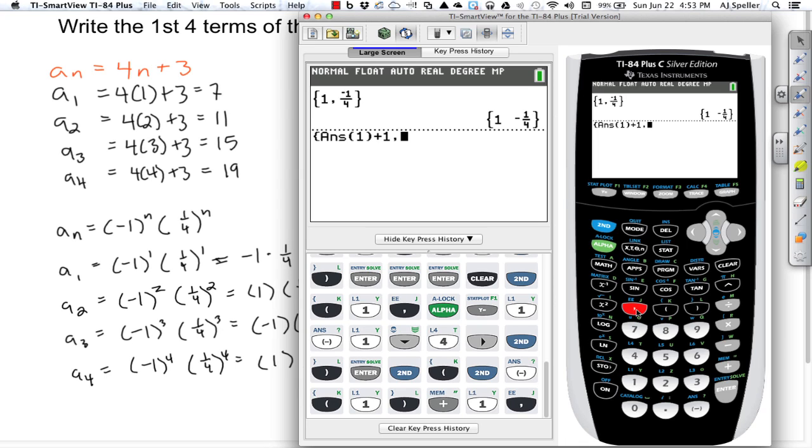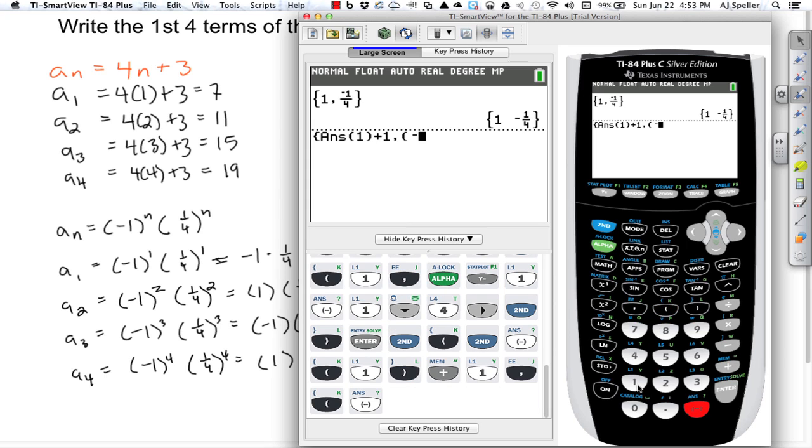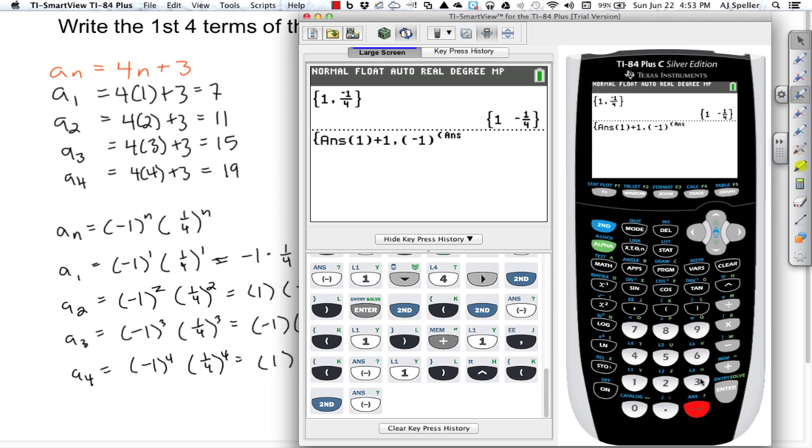Now I want to work on my second term, or work on the general form here. So I'm going to put a regular parenthesis, negative 1, and I'm going to raise that to the power of the answer plus 1. So I'm going to use parentheses here, second answer.